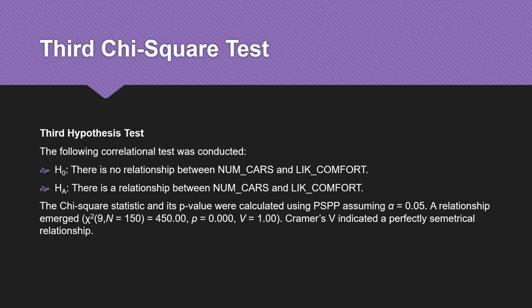After running the Cramer's V strength test, we get a value of 1, so a perfect symmetrical relationship between these two variables. And I think in this case it's easy to see how the results of a survey related to your personal finances could be more positive related to the fact that you do not have a car payment, and vice versa.